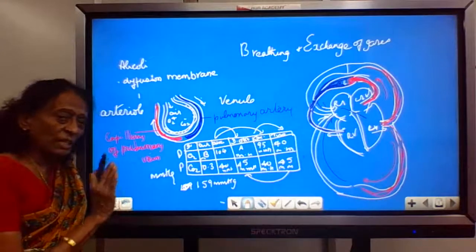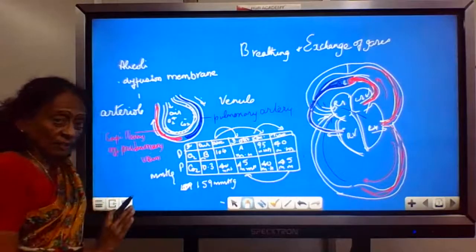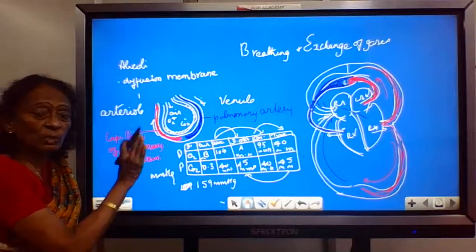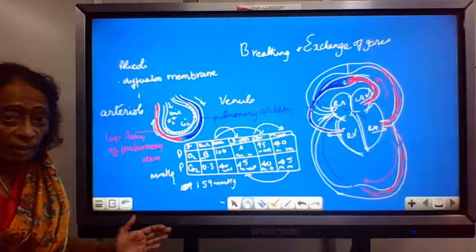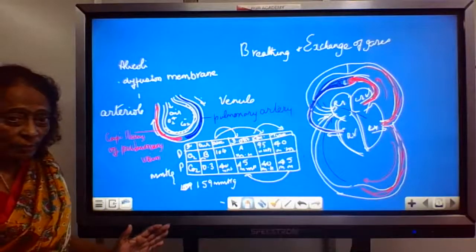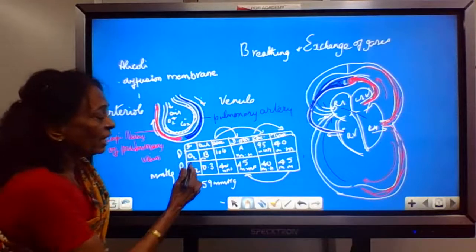We are talking about the partial pressure of gases alone, and the structure of alveoli. So what are the NEET questions we are going to face on this? This tabular column you should know by heart, I told you, it's mandatory. You should know the values. In the first question, they'll give you a table like this and leave gaps in between.